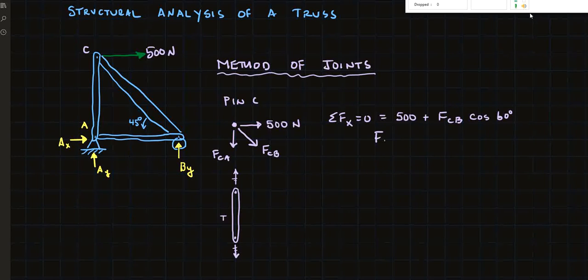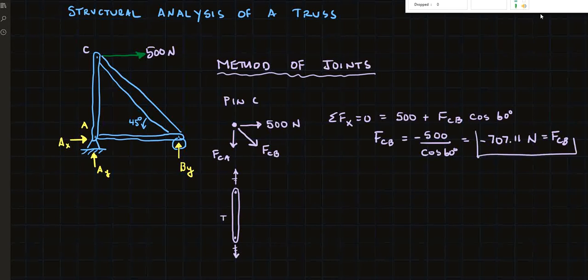So force of CB is then going to equal minus 500 over the cosine of 60 degrees, equal minus 707.11 newtons. So that indicates that this is drawn wrong, but that's okay. We're going to leave it because I know that any minus I see is actually in compression. So this is equal to the force of CB. I'll mention that again later.